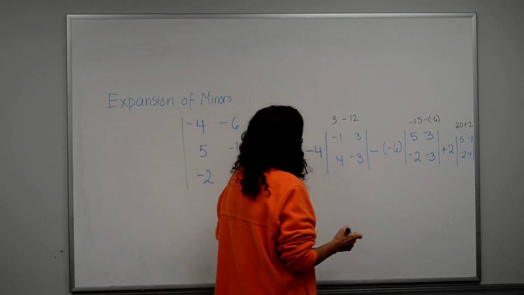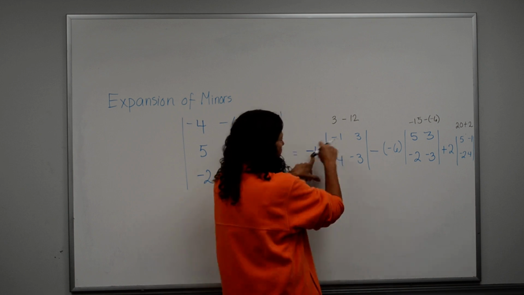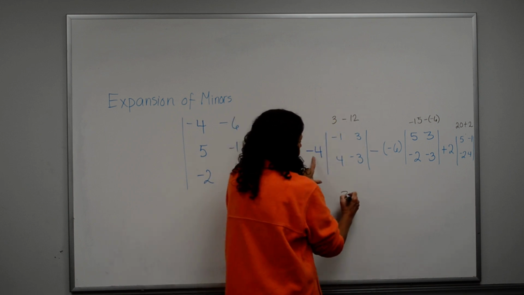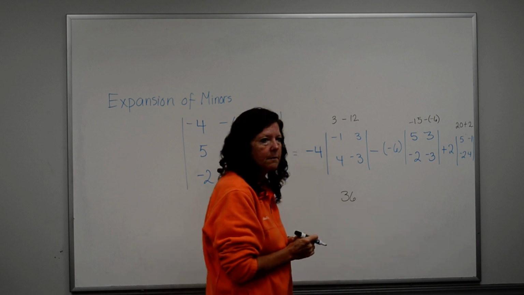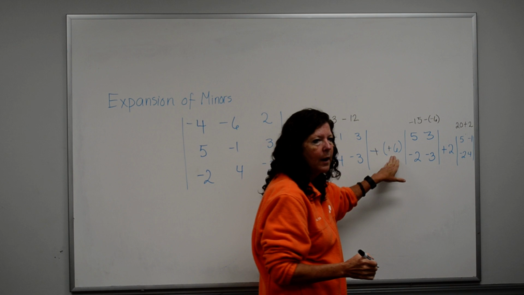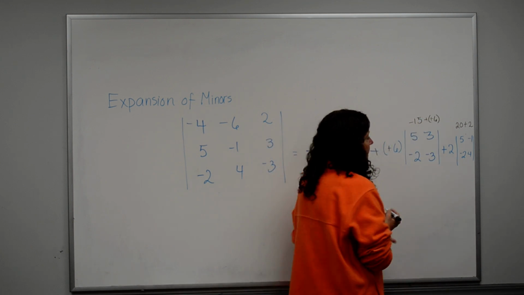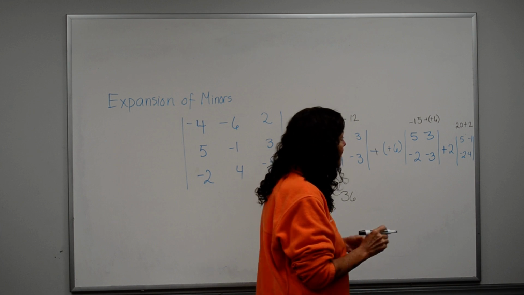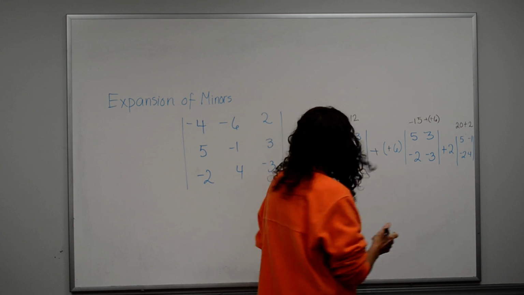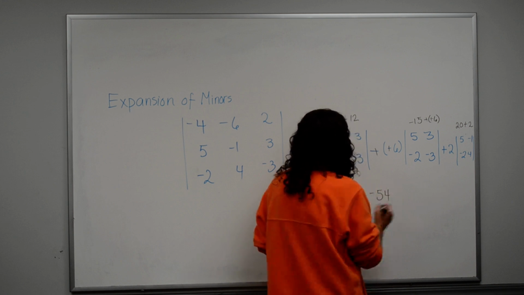So 3 minus 12 is going to give me a -9, so I have -4 times -9, which is 36. Then I come over here, I'm going to add the opposite of the second number, so 6 times -9, which is going to give me a -54.